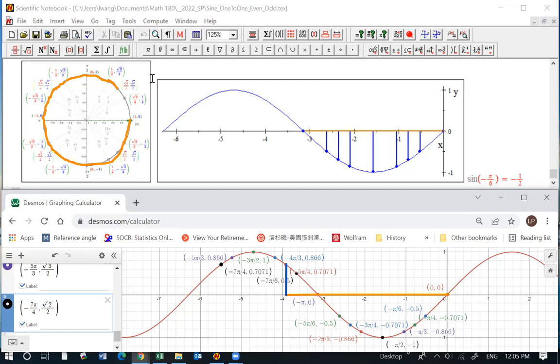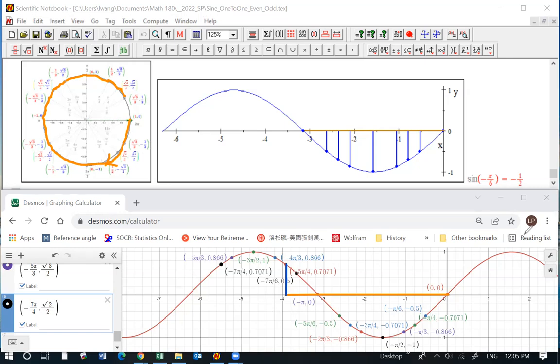Keep going. Okay, so the next one, we're gonna go here, right? From the standard position, clockwise measurement, right? The clockwise measurement, with an arrow would be helpful, right? The next one is -11π/6.